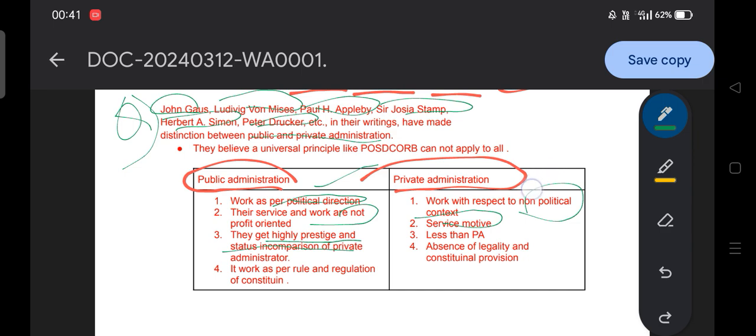Private administration people, though they earn much more money than public servants, have lower prestige and status than public administration. Say for example Ambani.